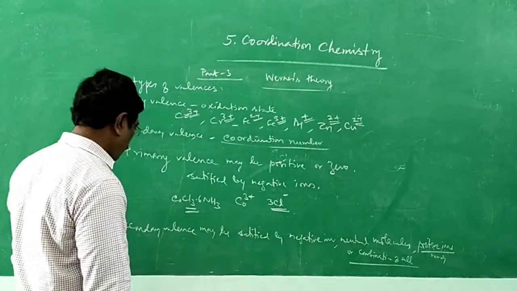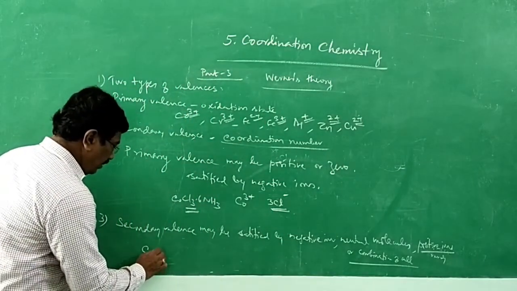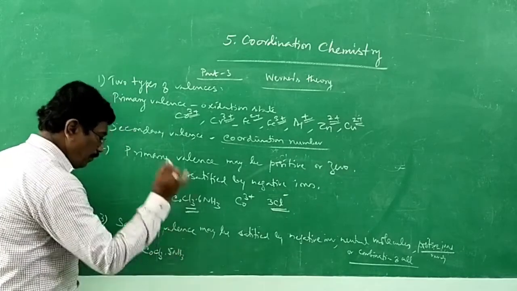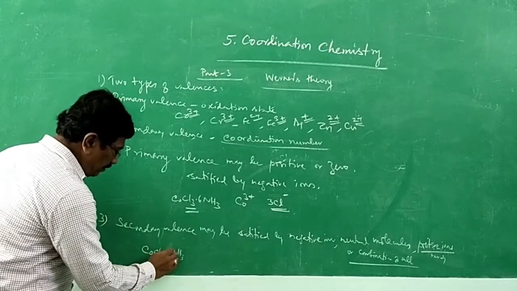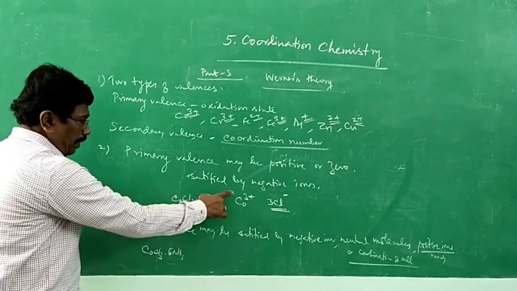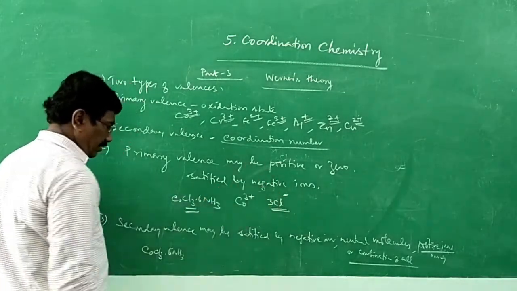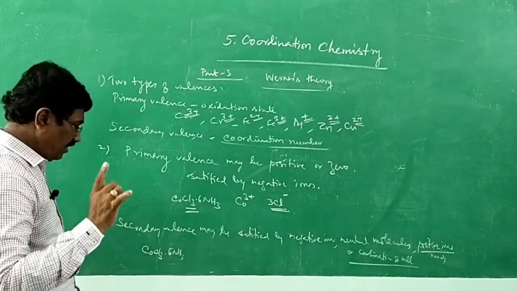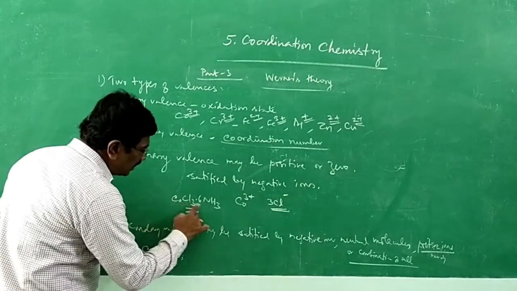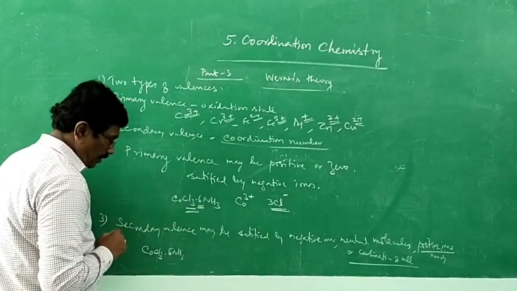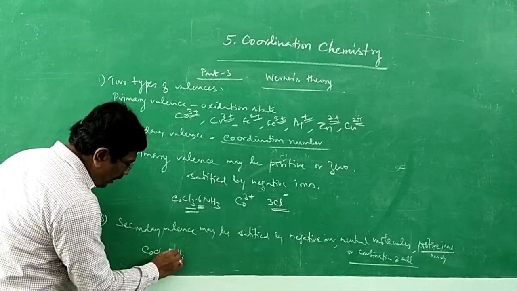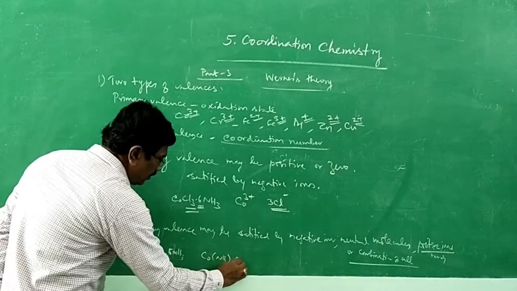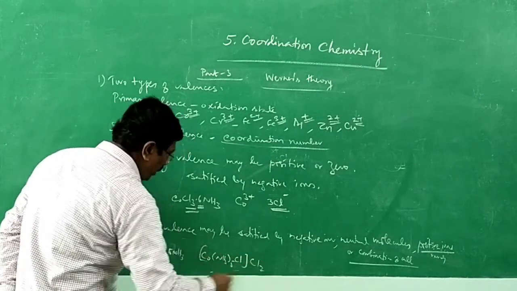For example, if I write CoCl3·6NH3 or 5NH3, with 6NH3 the primary valence is satisfied by negative ions. Secondary valency happens to be 6 for cobalt. Here it is satisfied by 6 ammonia. Here, 5 ammonia and 1 chlorine: [Co(NH3)5Cl]Cl2.